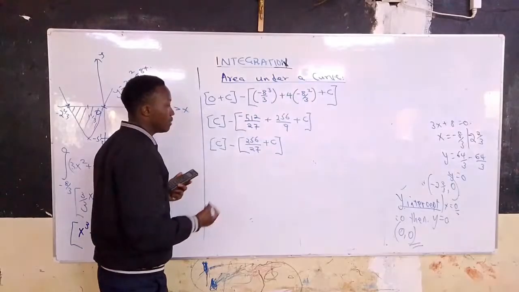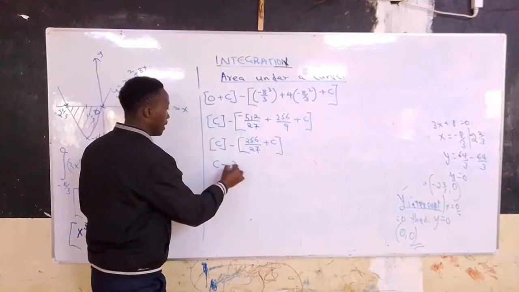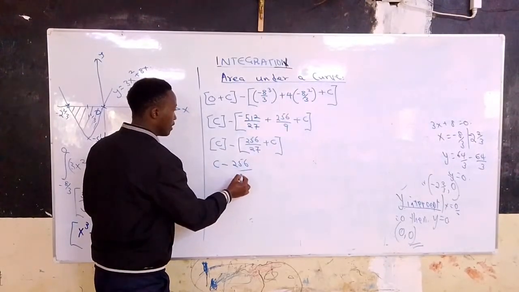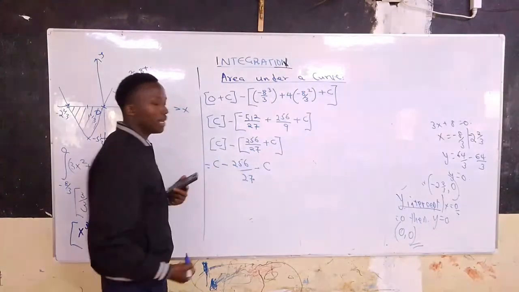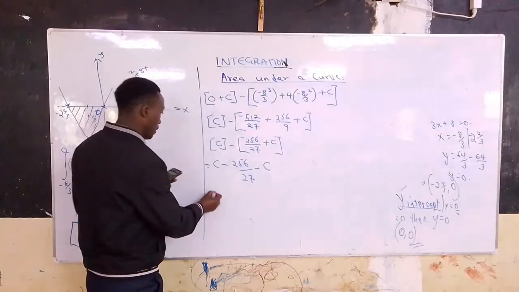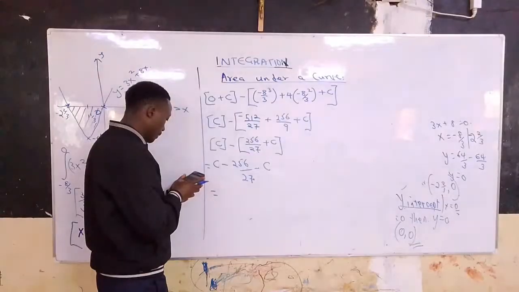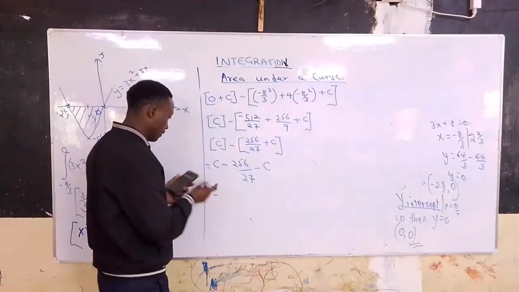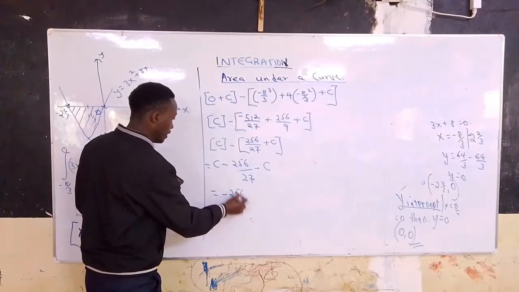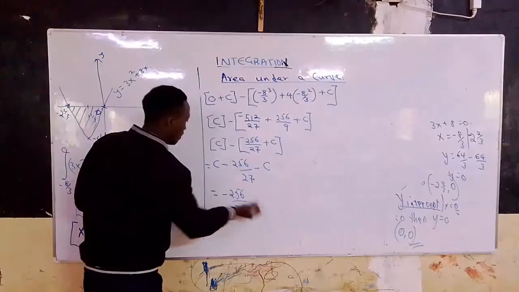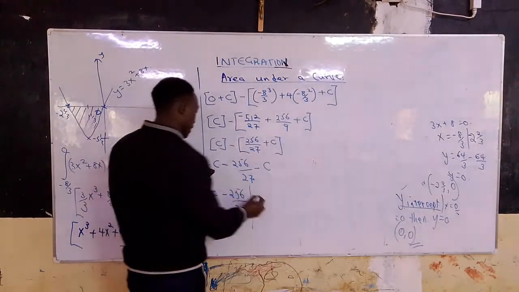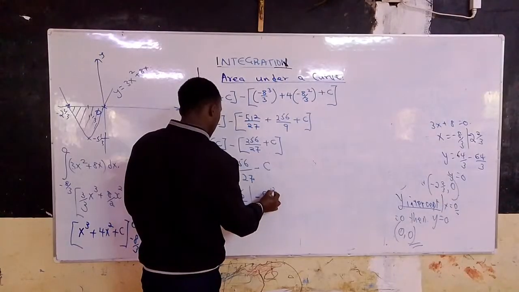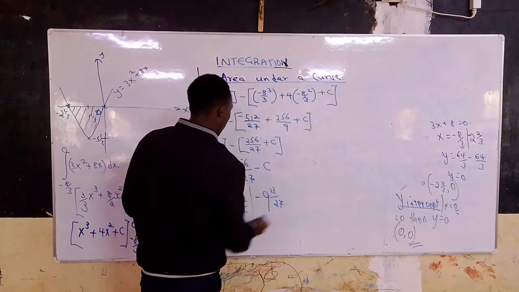Once we open these brackets, we have c minus 256 over 27 minus c. So c minus c is 0, and we will be left with negative 256 over 27. We can write it as a mixed number, negative 9 13 over 27.